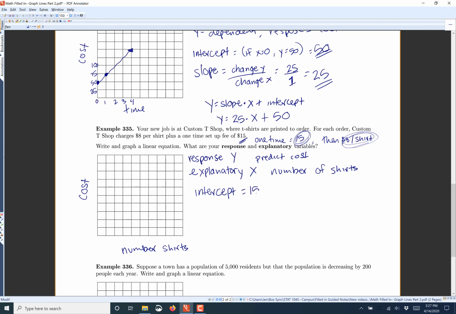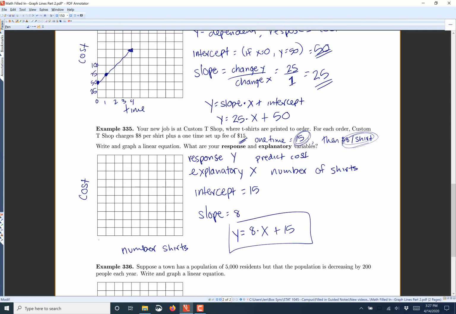So it's going to be the one-time fee of $15. And my slope, which again is always equal to rise over run, would be 8. Because for every extra shirt, you have to pay $8. And so the equation of the line is always slope of 8 times X plus the intercept of 15. So there's the equation of our line.